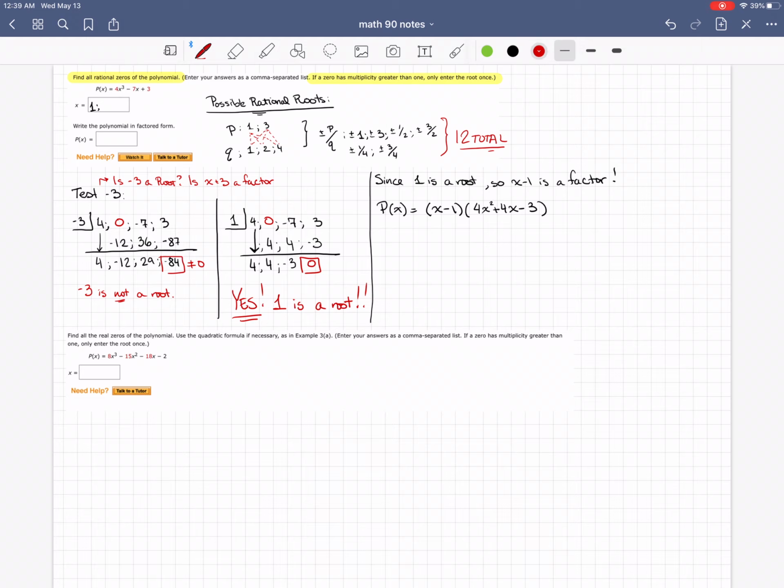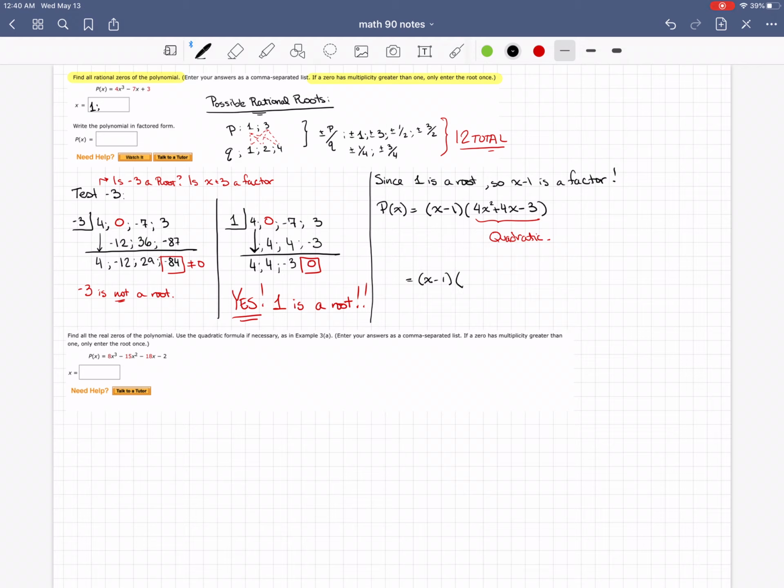And I want to take this moment to point out this is a quadratic polynomial. And at this point in our mathematical lives, we know so much about quadratic polynomials. We can use the quadratic formula to find the roots of this, but as a matter of fact, it actually factors.